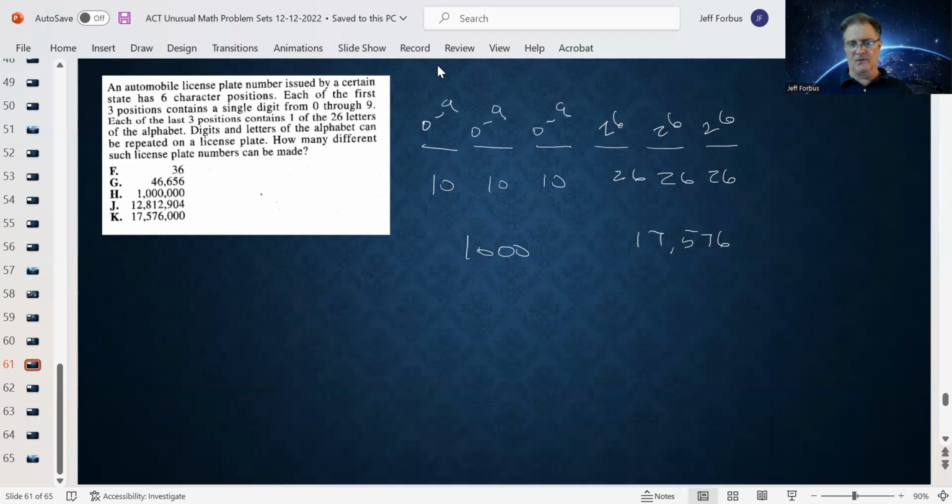Now let's finish our multiplication: 1,000 times 17,576 gives us 17,576,000, or answer choice K. When you have a combination problem, you simply multiply your combinations together. All right, a couple more, and we'll be done.